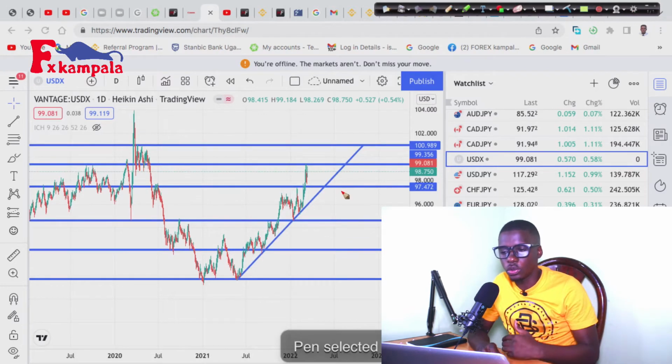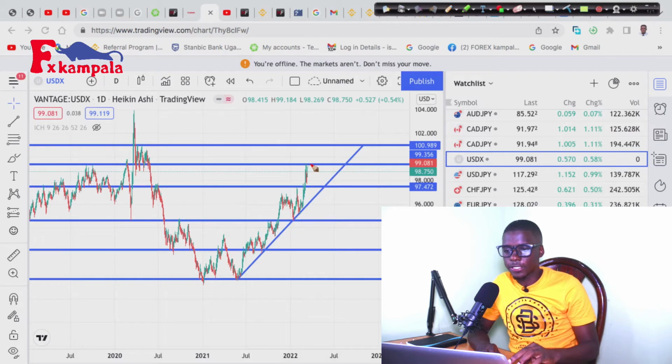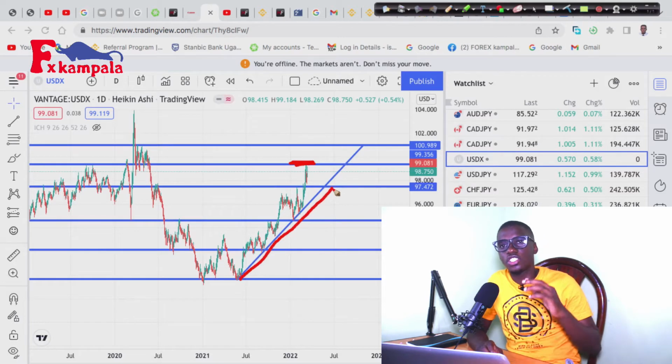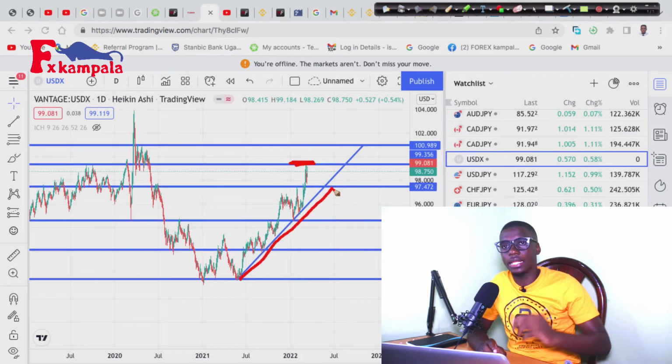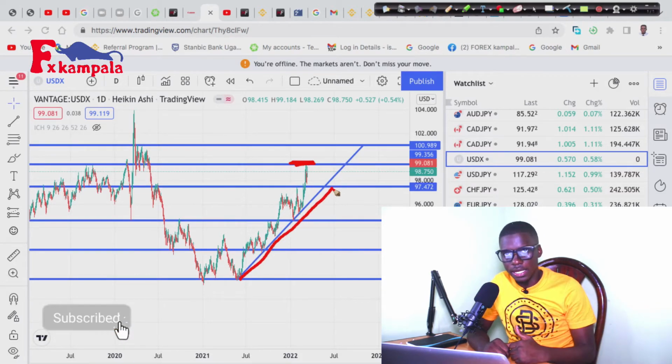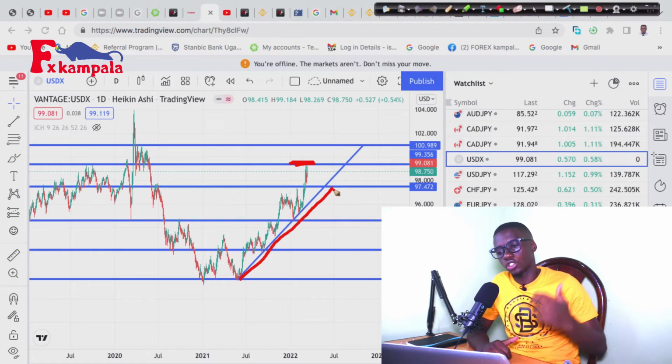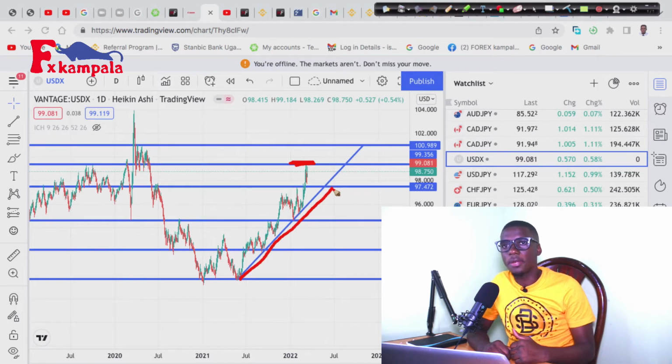So now the US dollar index is experiencing a resistance level here, and we've also been seeing it trending upwards. Remember, this strategy involves only analyzing the US dollar index, and after doing so we will be in a position to know where EUR/USD is going, where GBP/USD is going, and also where the USD/CHF currency pair is going.